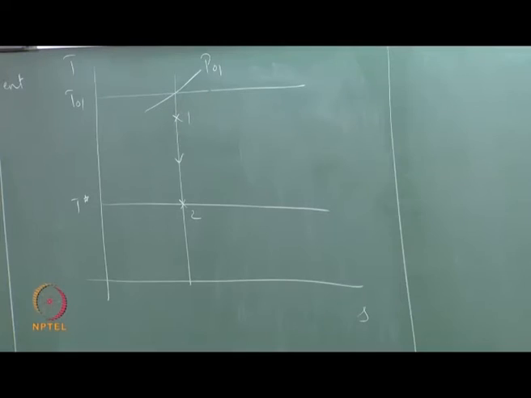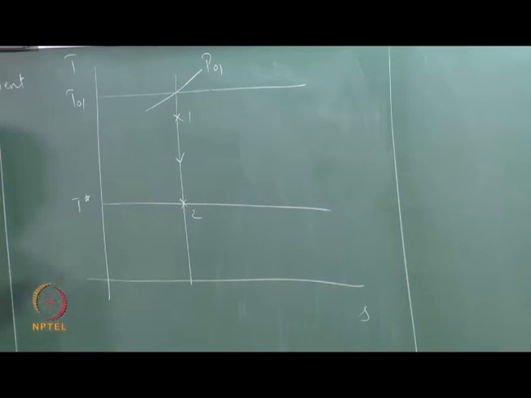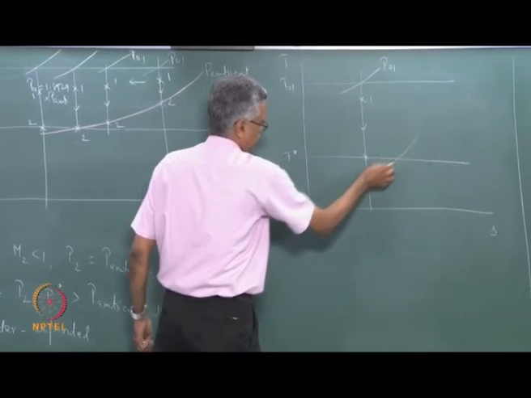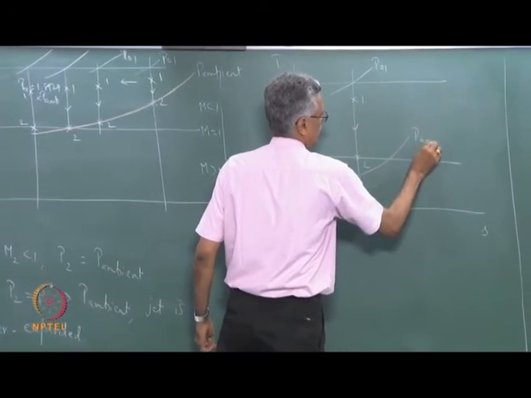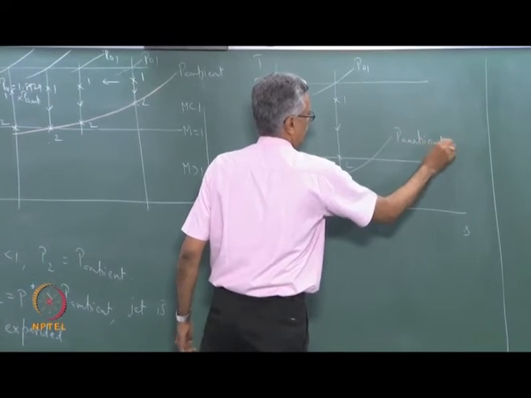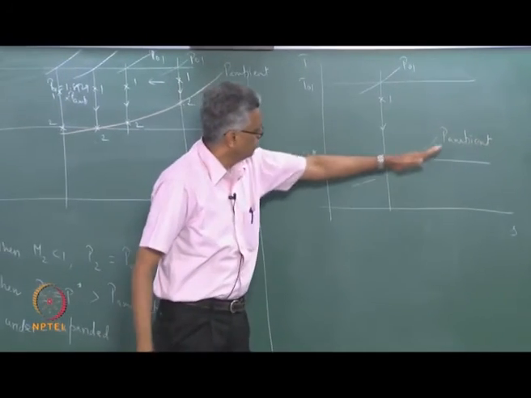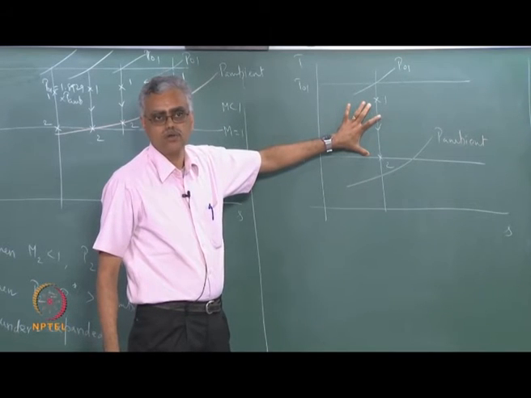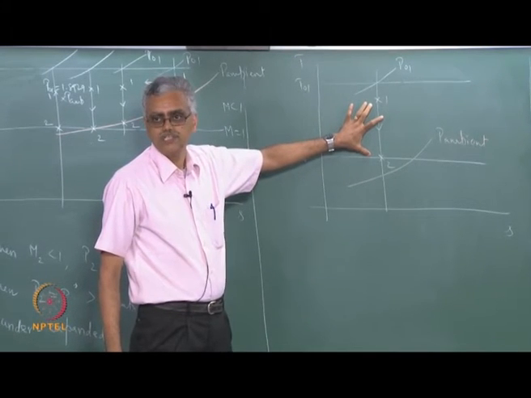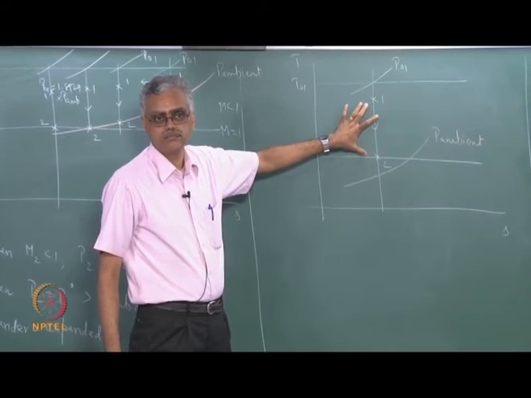So this was the process curve when we attained the sonic state at the exit, and if I lowered the P ambient, the P ambient curve looked like this. So this was P ambient. If I keep lowering the P ambient, the process curve does not change at all, which means the mass flow rate remains the same.